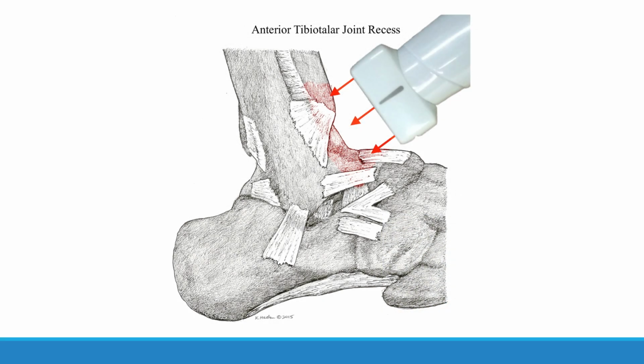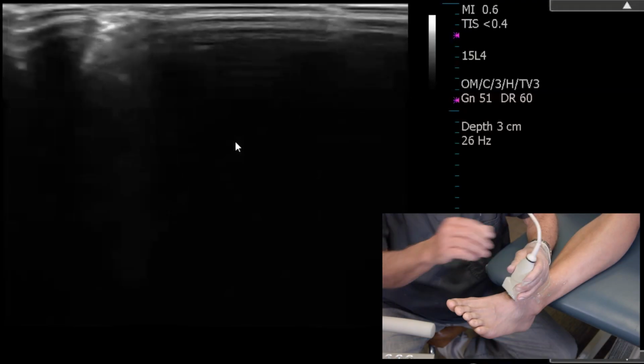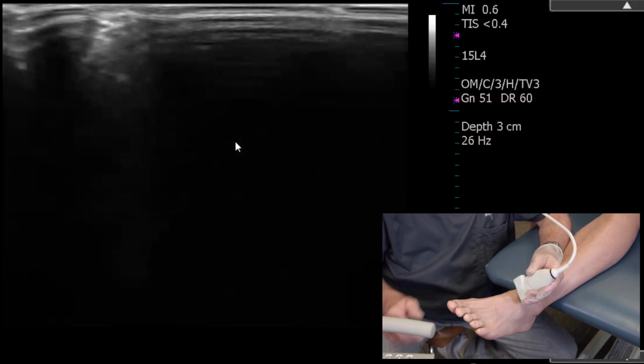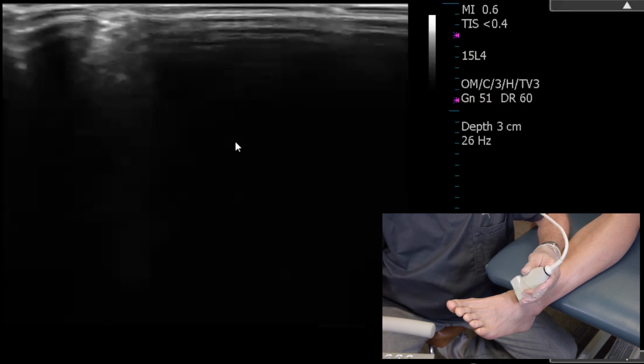From there, we can look at another area in the ankle. Sometimes in the dorsal part you can get what is known as a Lisfranc injury, in which the ligaments between the cuneiform and the metatarsal are damaged.